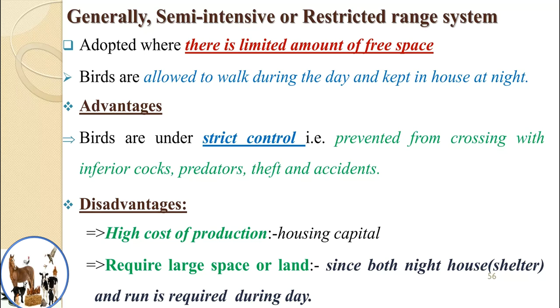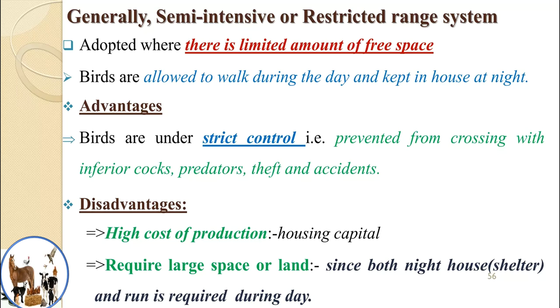Birds under strict control means they are prevented from crossing with inferior stock, and from predators, theft and accidents. Whenever there is a threat, they come running and get shelter in an area where sheltering and protection is provided by the owner.